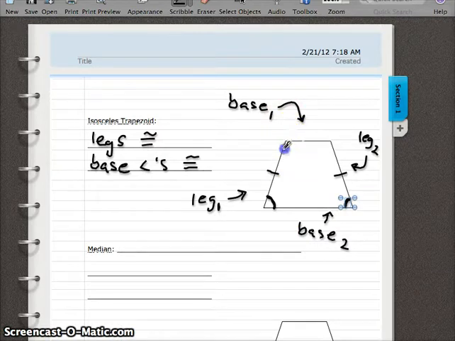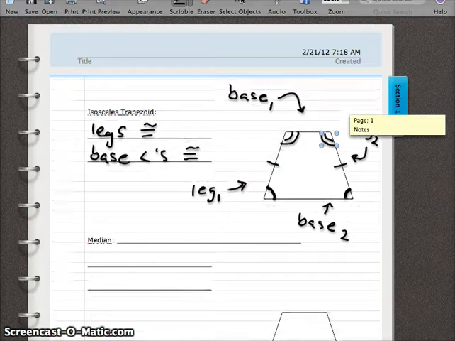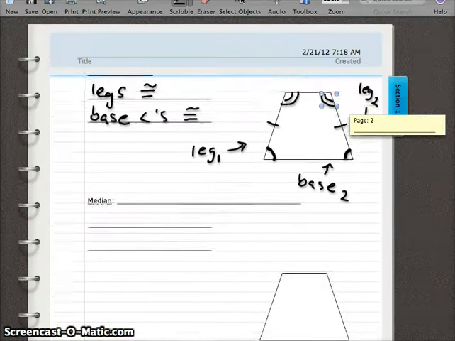Likewise up here, this base angle is the exact same as this base angle. But notice how this is not the same as this one. Only the angles that are attached to one base are congruent. If they have a different base, they have to be different angles. So just a quick overview of an isosceles trapezoid.